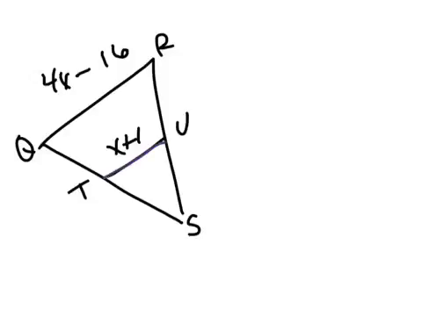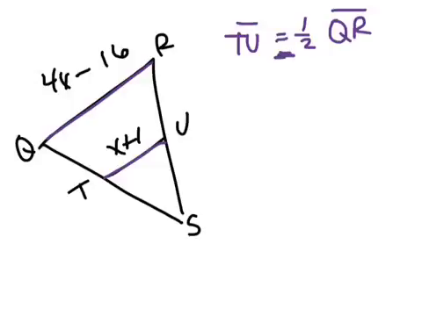We would first need to know that TU was the midsegment of QR, and once we know that, what can we use that for? Well, remember, the midsegment theorem tells us that TU is half of QR. The midsegment is half of that third side. If it equals half of it, we can set up and solve an equation, and in this equation we'll be able to find x, which will then help us find the actual measurements of TU and QR.